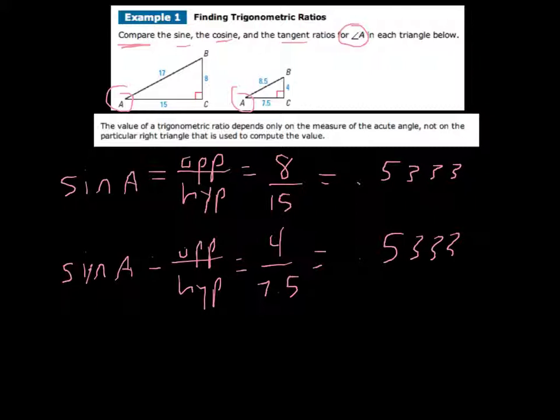So what we can make an accurate judgment call about angle A is that whatever angle A is here, the measurement of it is the same exact one here, because the sides of each triangle are proportional. They're both 0.5333. This magic would also happen for the cosine and the tangent. Feel free to check that on your own.